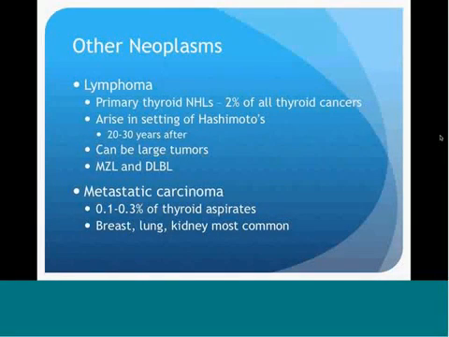And the patient will present with a very large, diffusely enlarged thyroid gland, in which case flow cytometry should be performed. Metastatic carcinomas are rare, but you do see them. The most common primary tumors that go to the thyroid are breast, lung, and kidney.